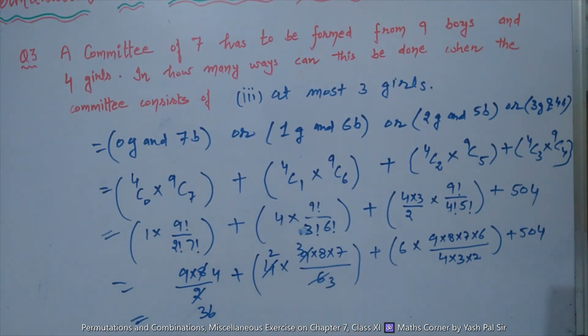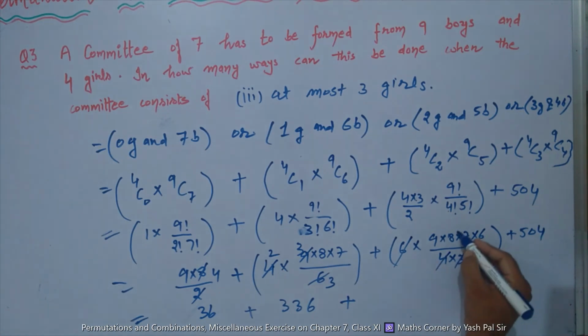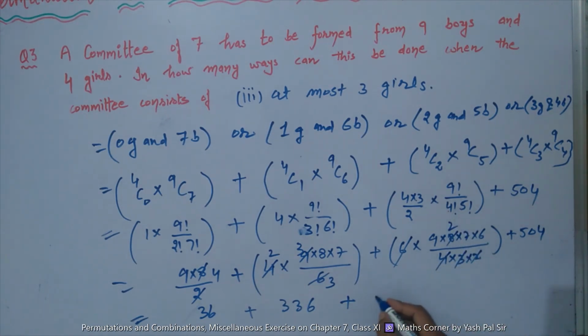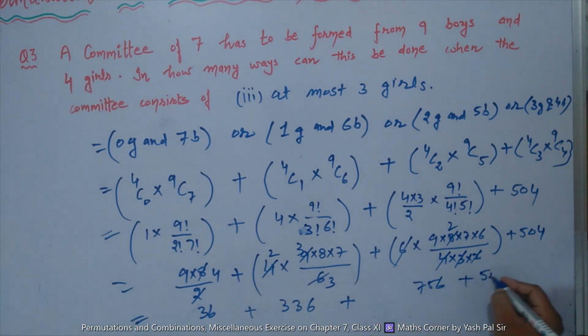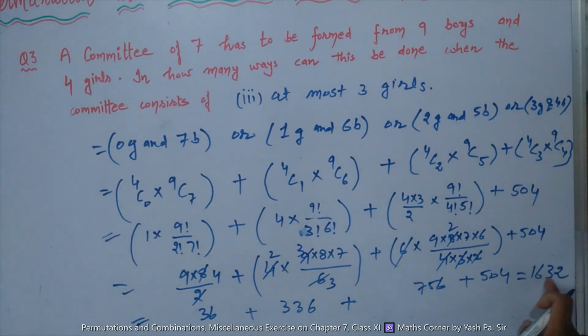So finally we have this is equal to 336, plus here we have 3 into 2 6 cancelled, 4 into 2 8, and this is 756, plus finally we have 504. Now adding all these, 1632 is the sum. Okay, now this is the question number 3rd.